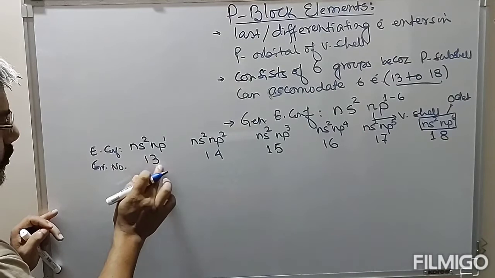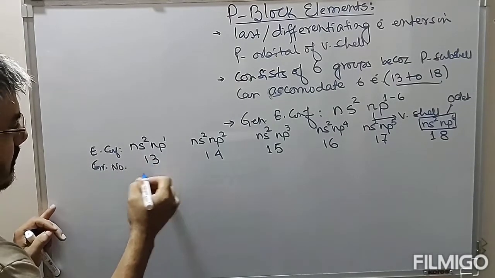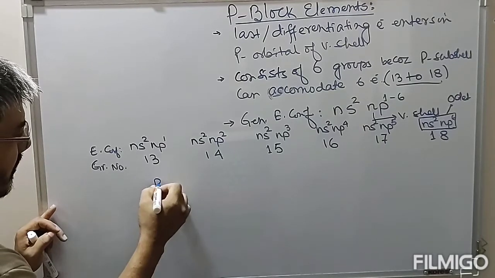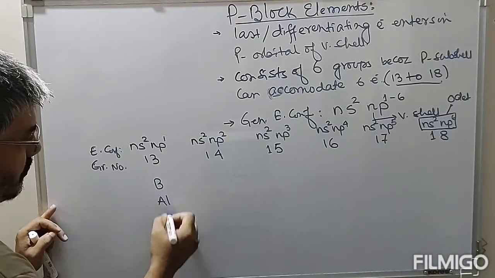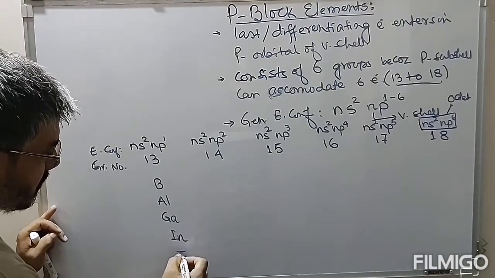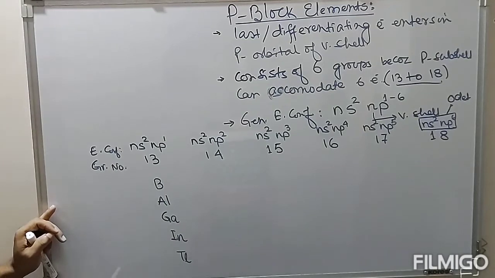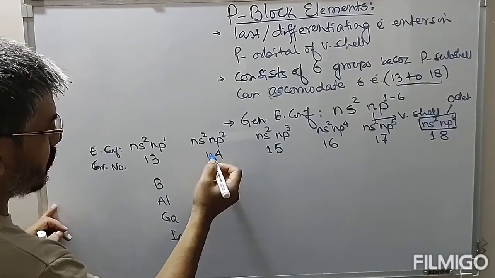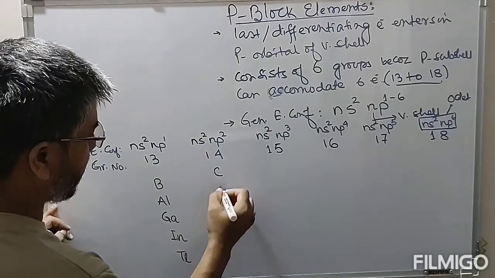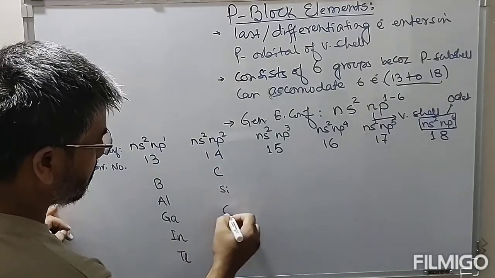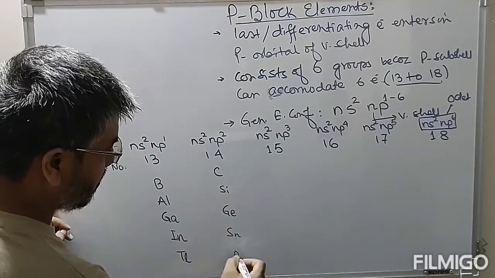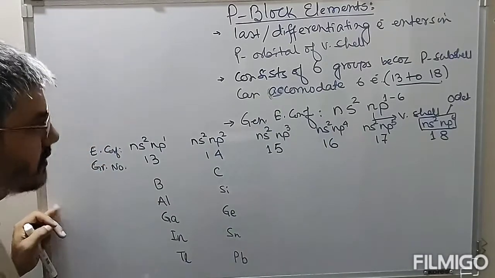This group 13 element is known as boron family. The elements are boron, aluminium, gallium, indium and thallium. Group 14 is known as carbon family. We have carbon, silicon, germanium, tin and lead.